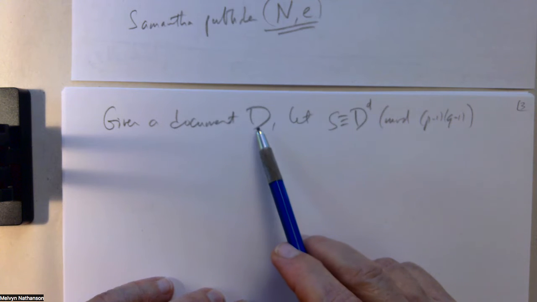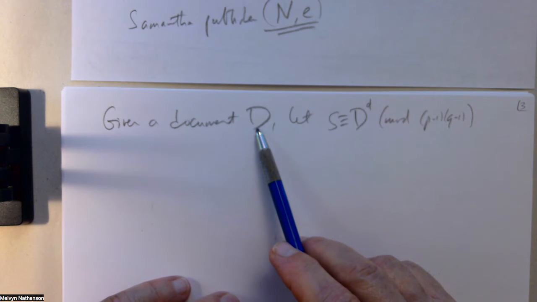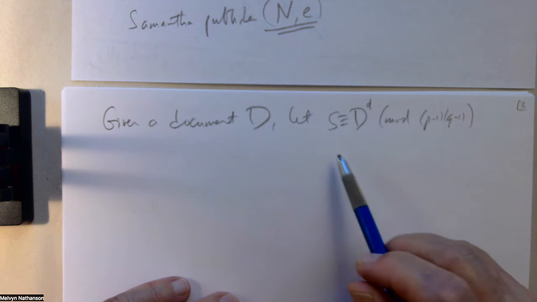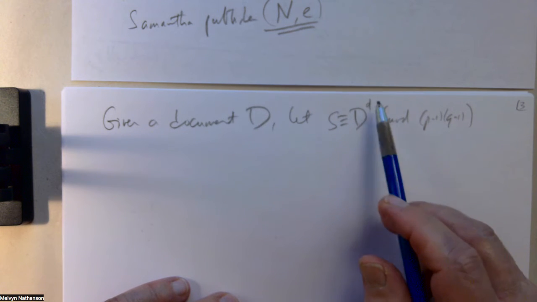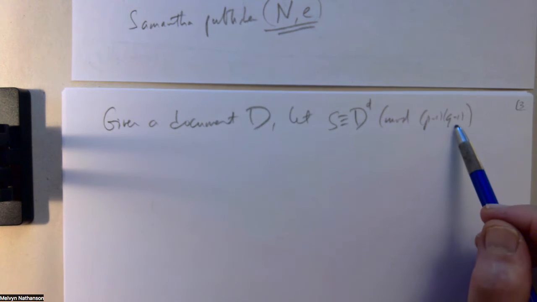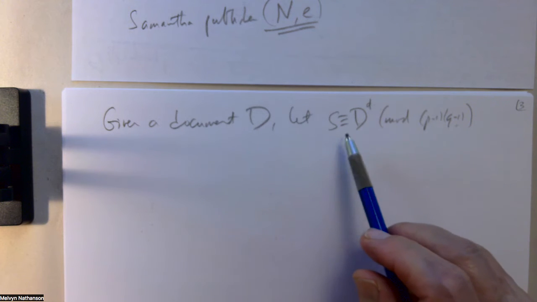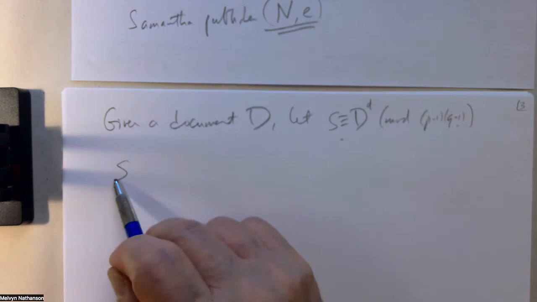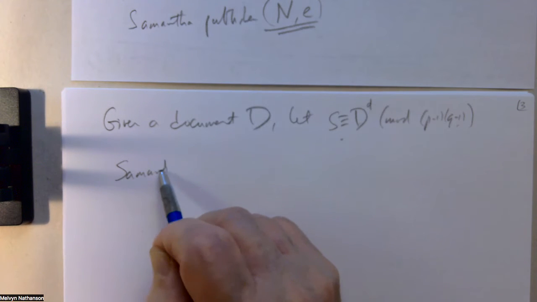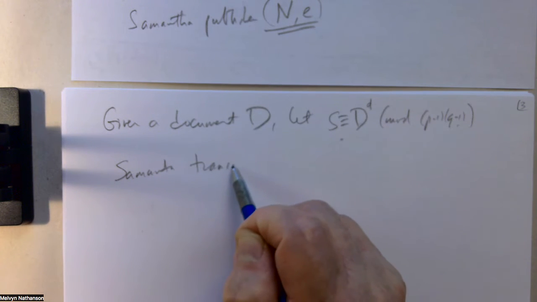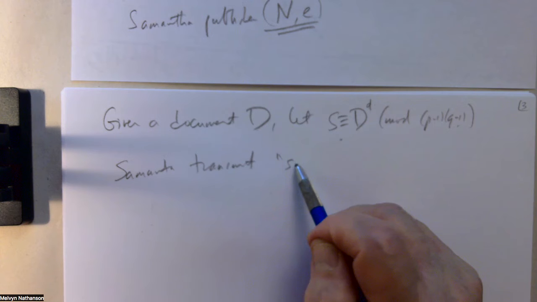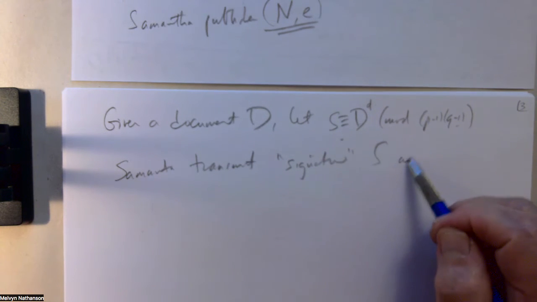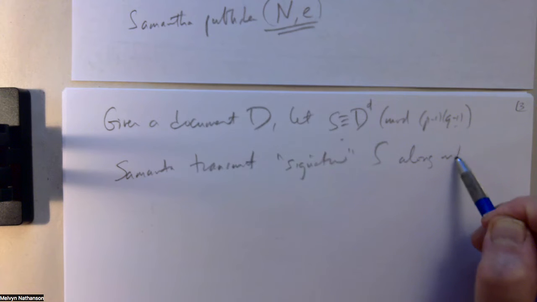So given a document capital D, Samantha knows her number little d, that's her private key. She raises the message to the d power, reduces it mod (P minus 1)(Q minus 1), and that's the number S. So Samantha transmits her signature S along with the document D.